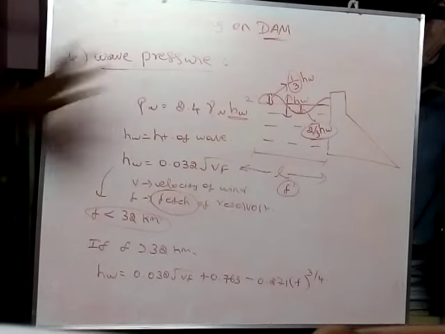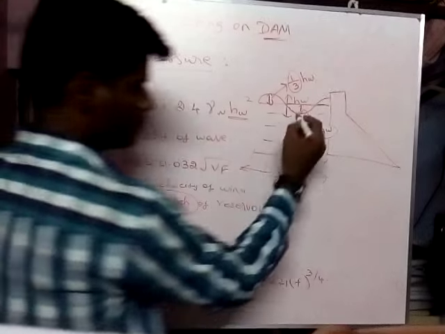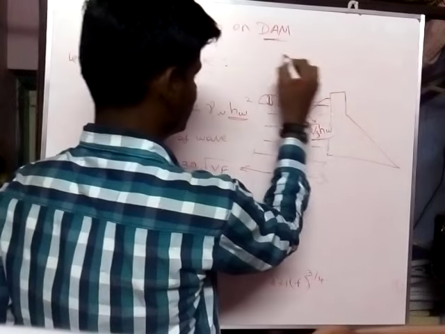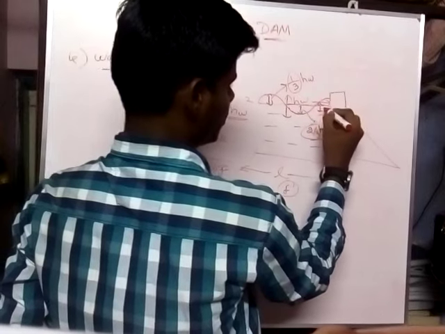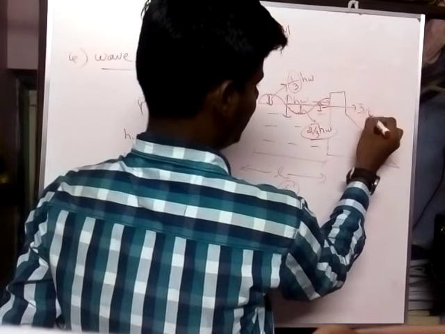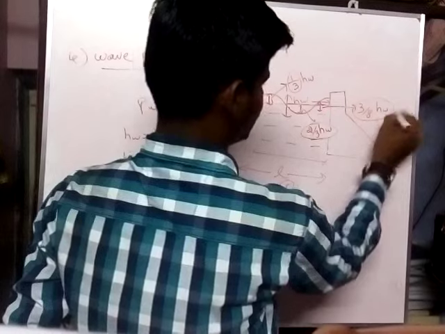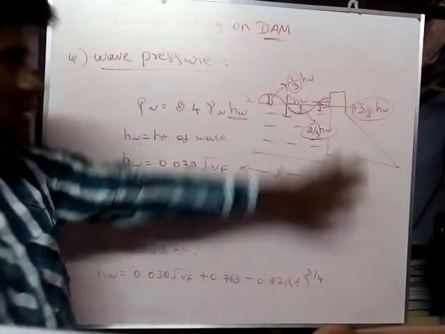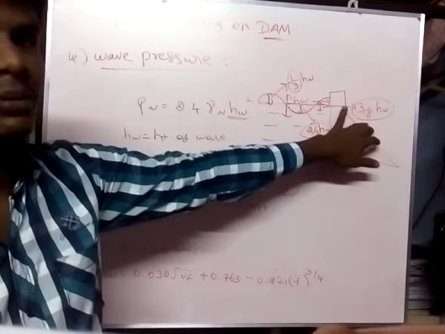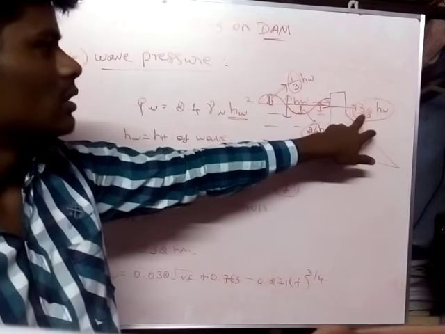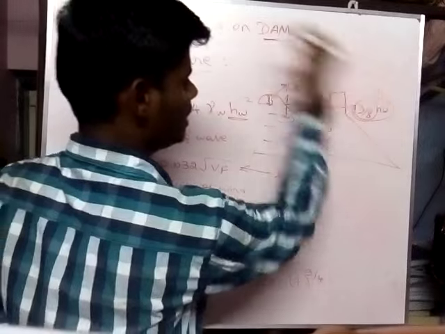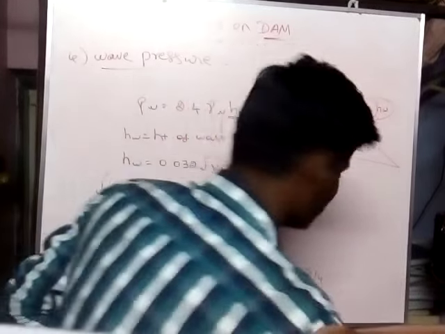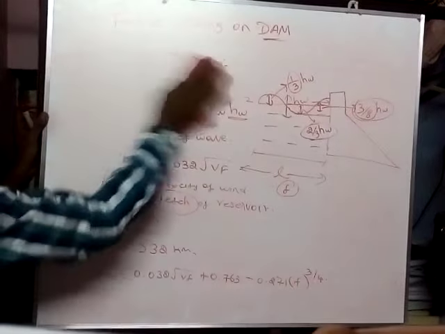This is the wave pressure. The resultant wave pressure acts at 3/8 of the height of wave. So this is the wave pressure.